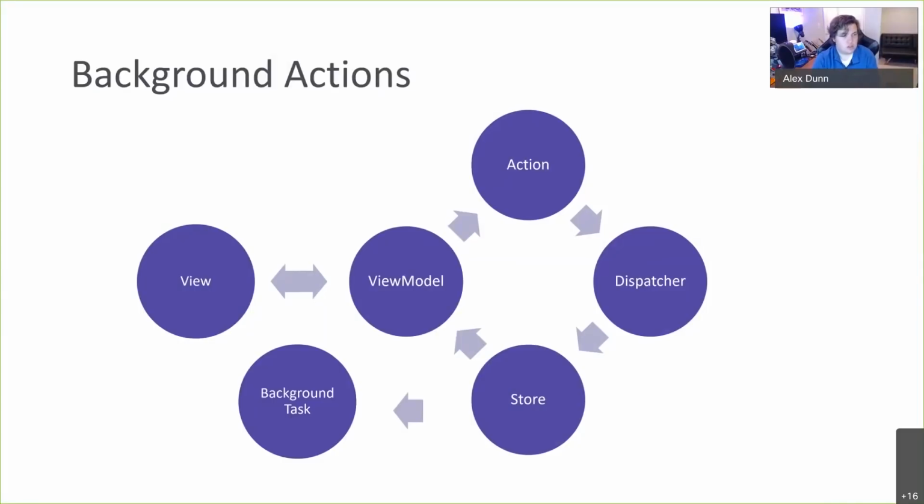So we could have a view execute a command on our view model, which then fires an action globally. It does its business logic. The dispatcher takes that and says, hey, store, this event just happened. Here's the data. Go update your state. A great example of this would be doing a data sync remotely. So when my local state updates, I could also go update my state across my APIs or something like that.